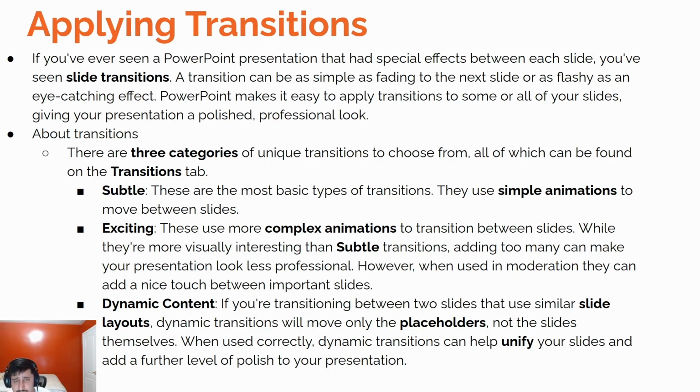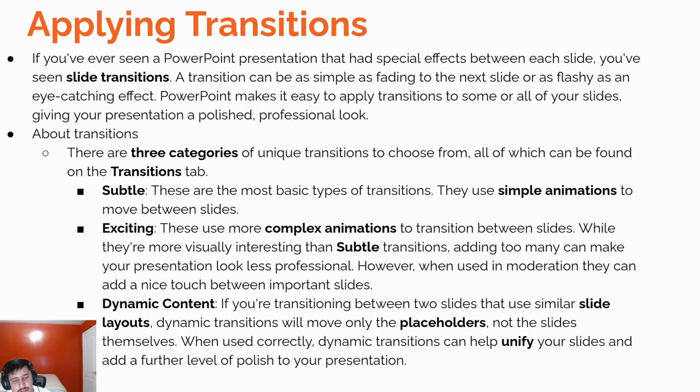And now, in terms of the types, there are three categories of transitions to choose from, all of which can be found in the Transitions tab. We have Subtle, which is the most basic type of transition. They use simple animations between slides. Exciting uses more complex animations to transition between slides, and while they're more visually interesting than subtle transitions, adding too many can make your presentation look less professional.